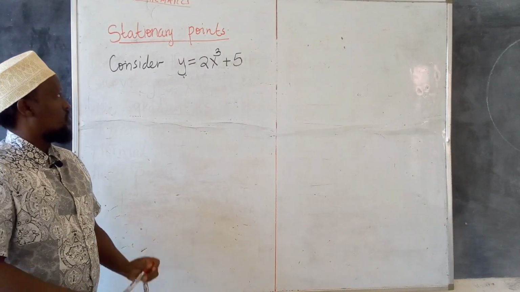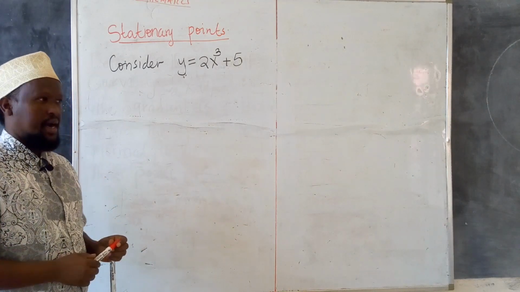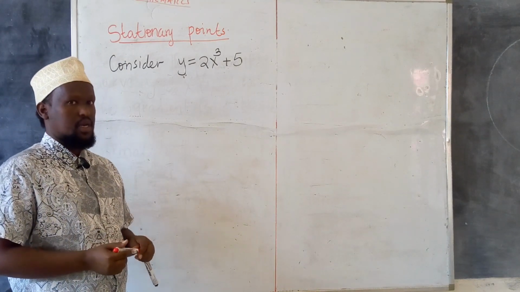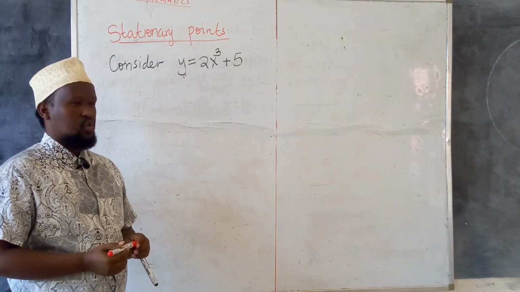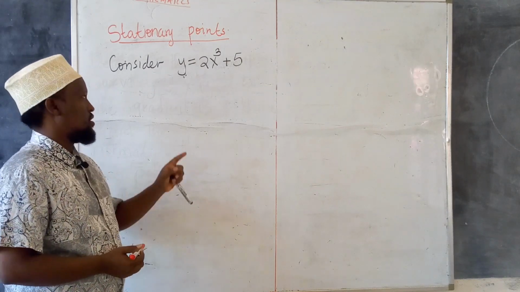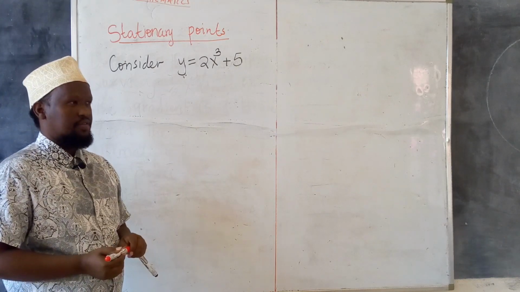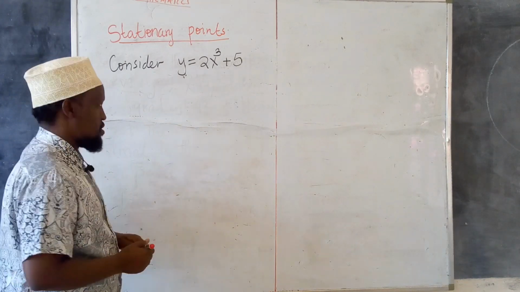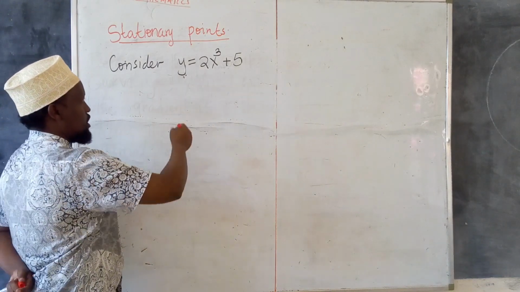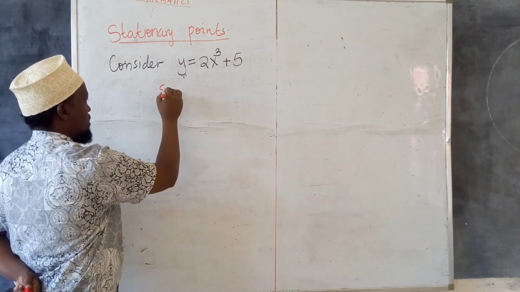First, we have to find the stationary points. And how are we going to get the stationary points? First, we have to find the derivative function of the equation y equals 2x cubed plus 5. So we differentiate.